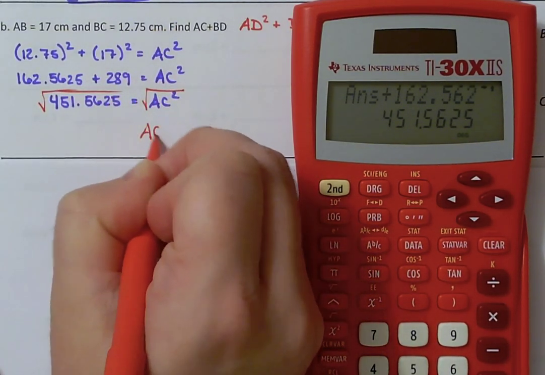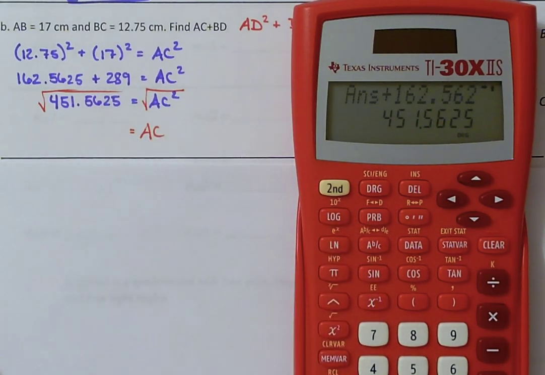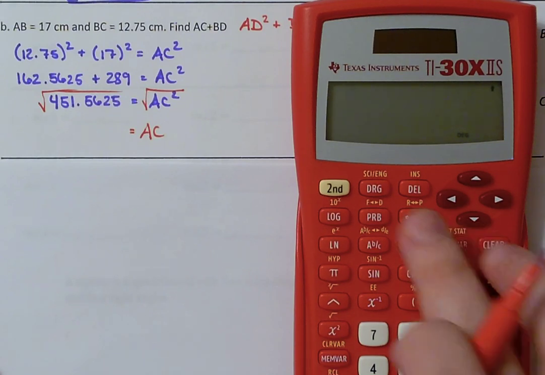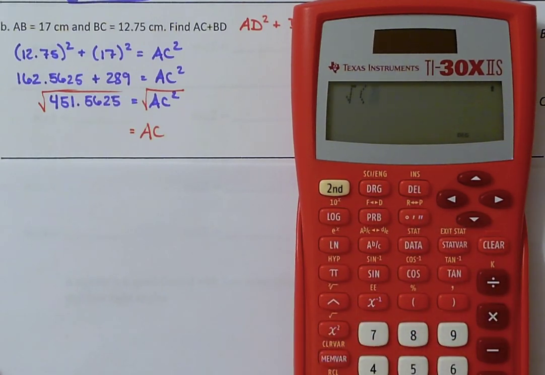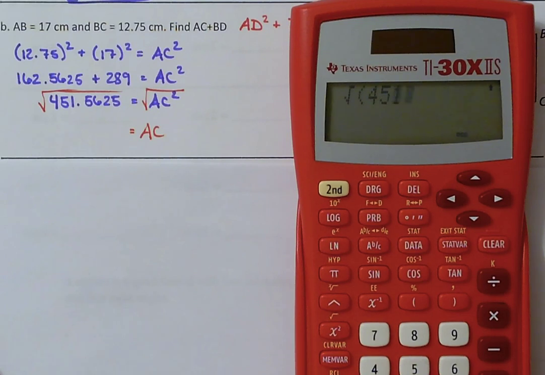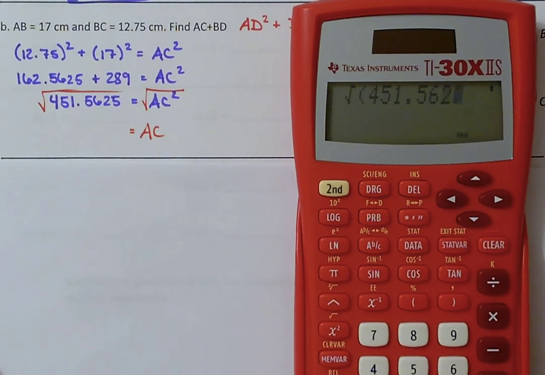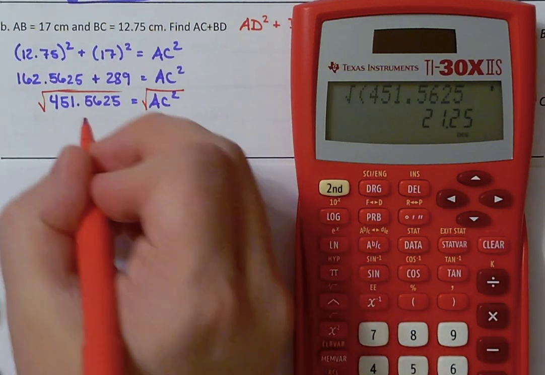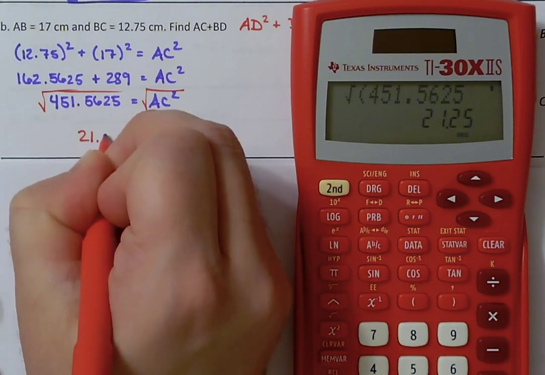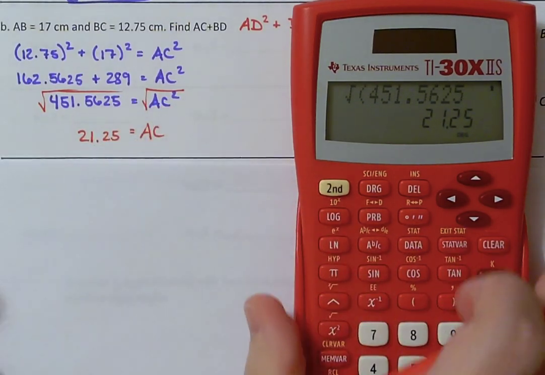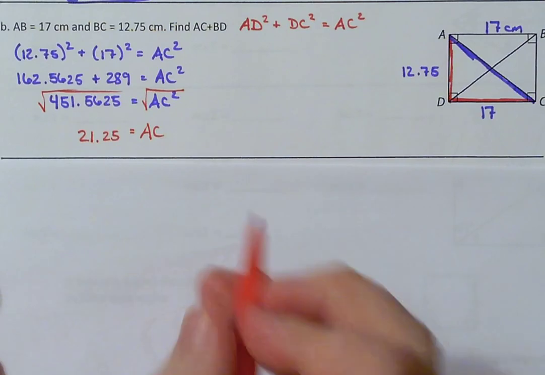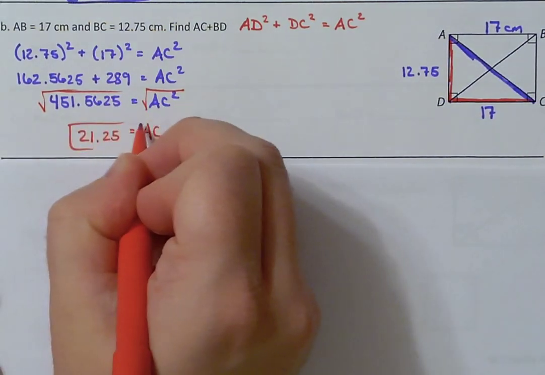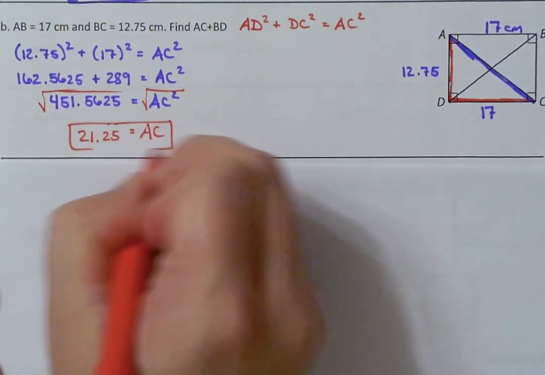So I end up with AC, and then if I take the square root of 451.5625, we get 21.25. And that is our answer for part B and what the length of AC is.